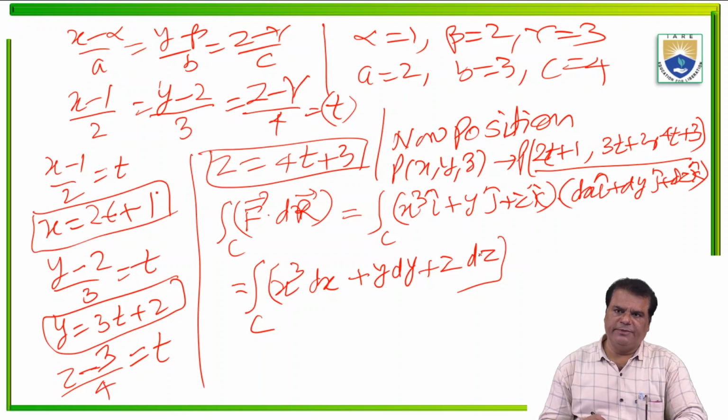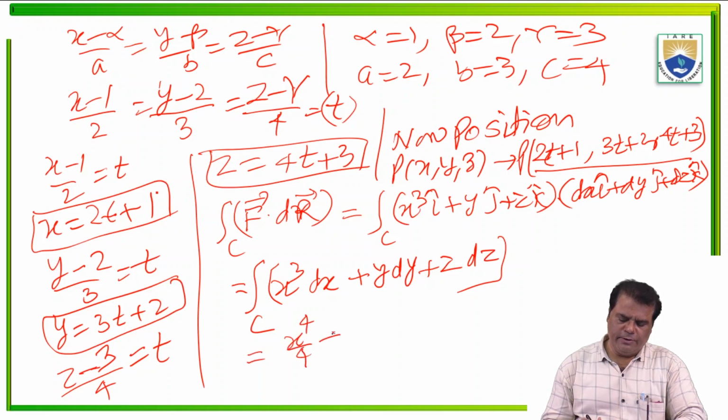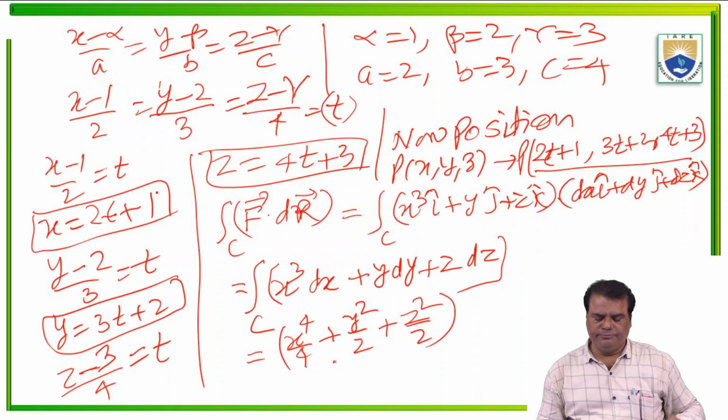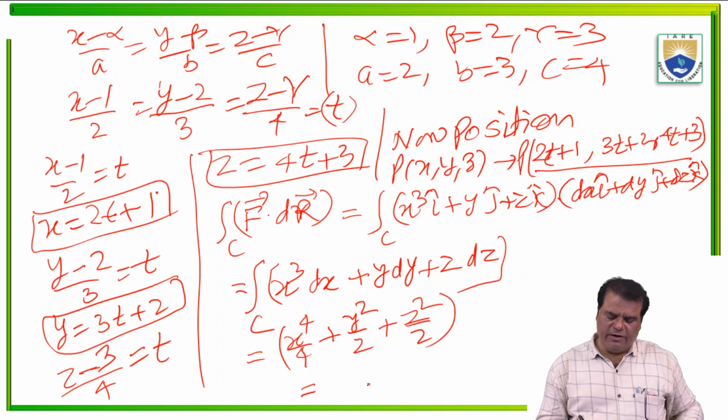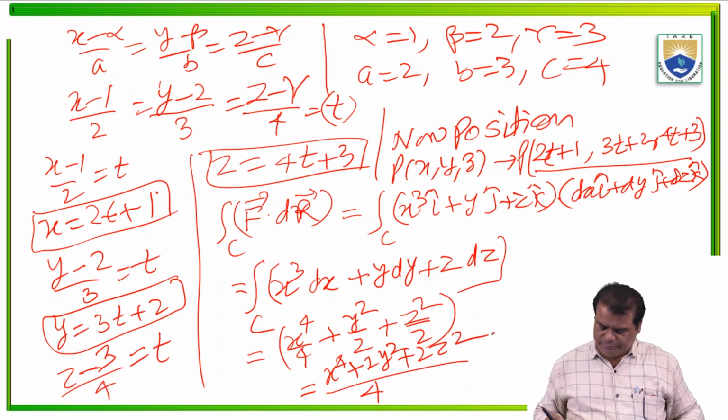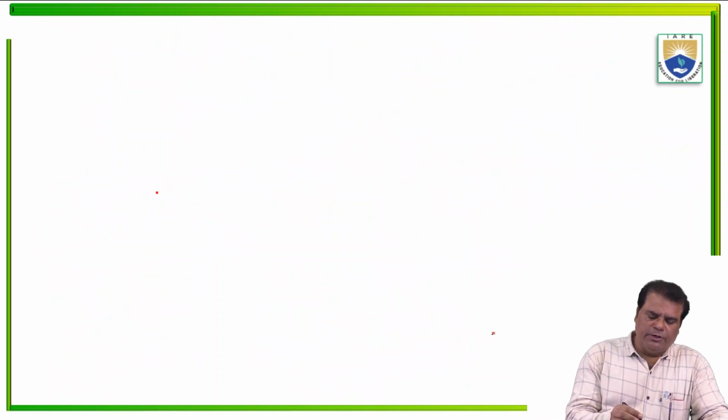So now integrating this, we get x to the power 4 by 4 plus y to the power 4 by 4 plus z to the power 4 by 4. So now this equals the work done.